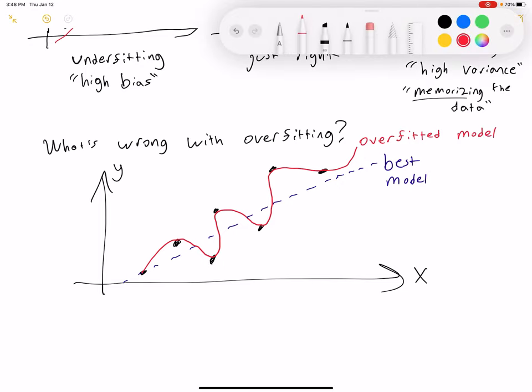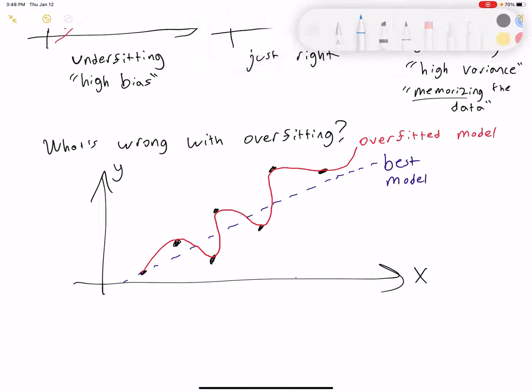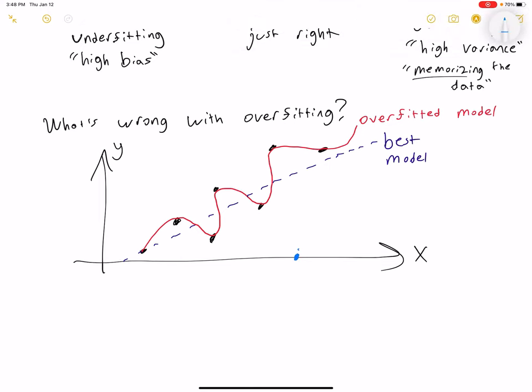Then let's say you get a new data point over here, and we want to make a prediction for this data point. The ideal prediction would probably be where the purple line is. Instead, we predict out here.